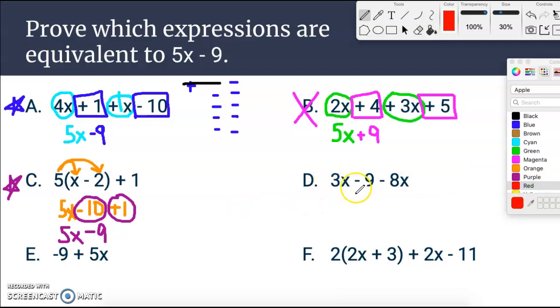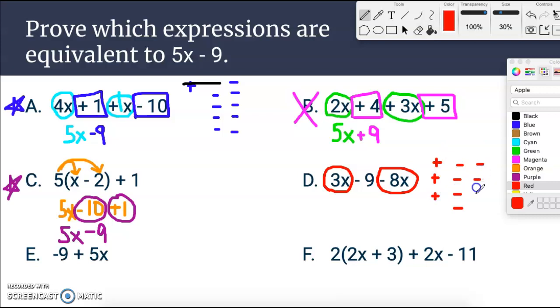All right, 3x minus 9 minus 8x. Okay, lots of minus signs to be careful of. When we combine like terms, this is positive 3x. This is negative 8x. Okay, again, please feel free to use these pictures anytime we have positives and negatives, because those are something that we are still working on in 6th grade.